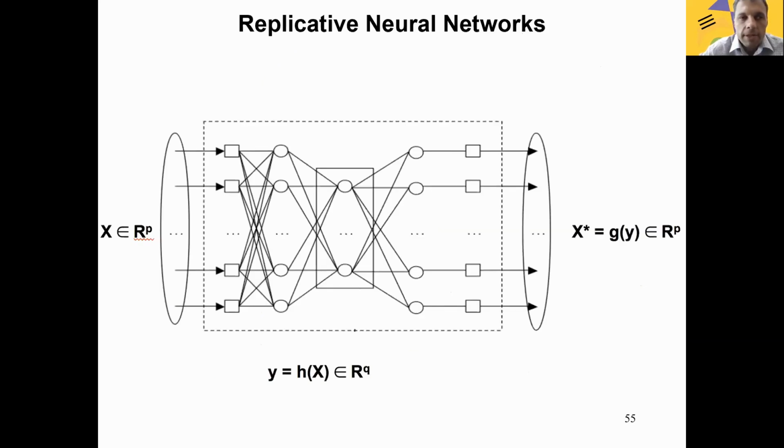So I think I'll skip replicator neural networks.